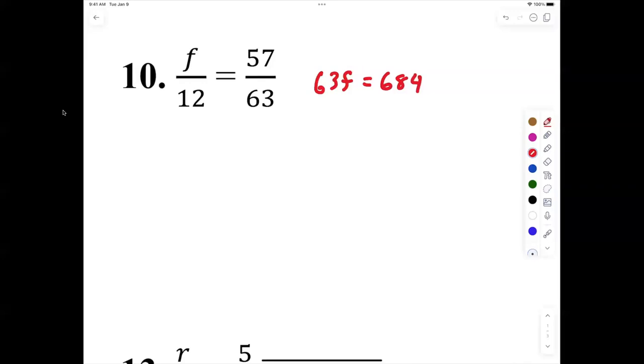You know how to do that? Second, and then the F to D button, which is on the probability button. Shh, let him do it. 684 divided by 63.